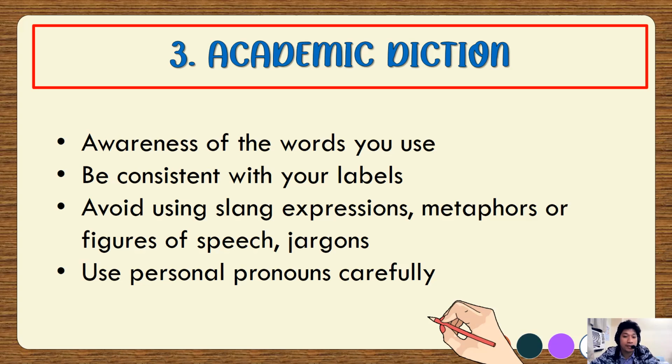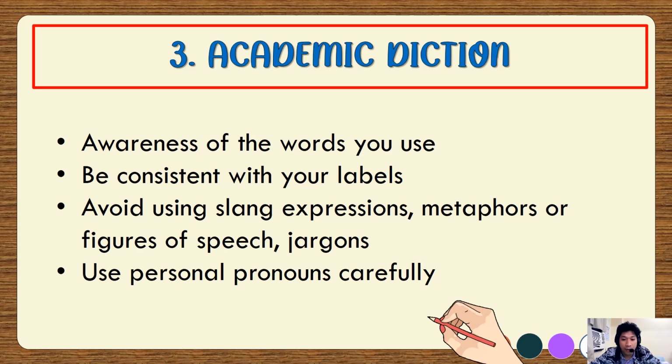Next is be consistent with your labels. Call people what they want to be called. Use gender inclusive language and avoid placing gender identifiers in front of nouns. Also, we have to avoid using slang expressions, the very informal language that is usually spoken rather than written.